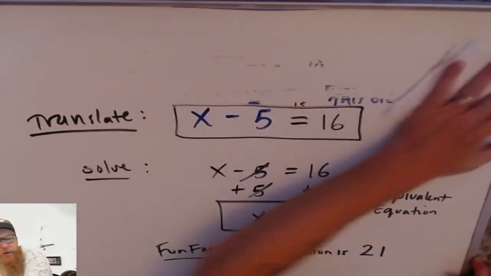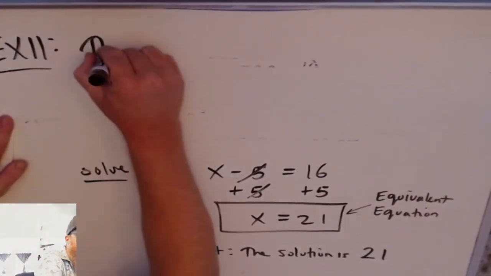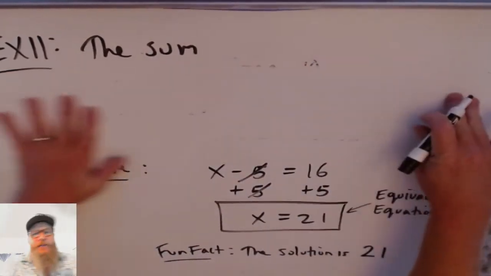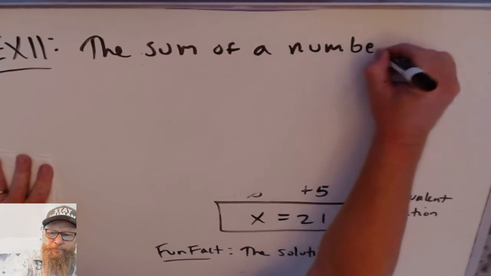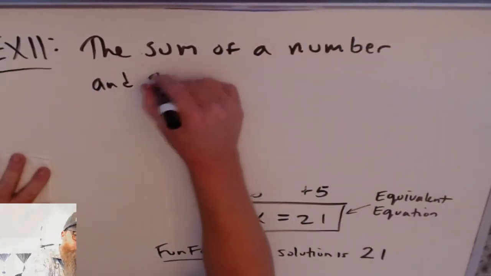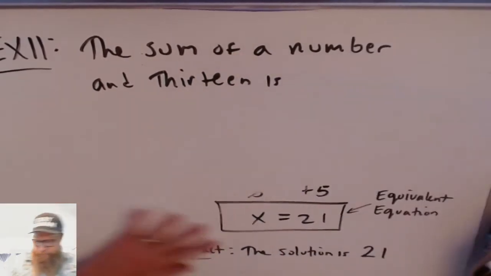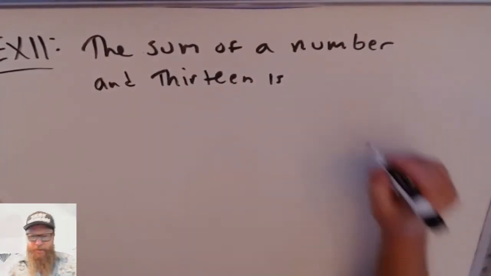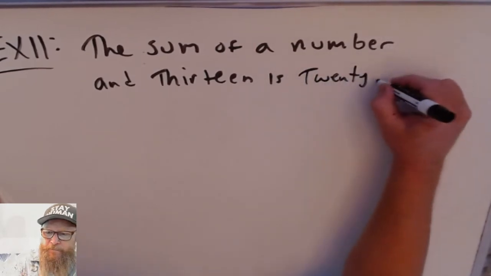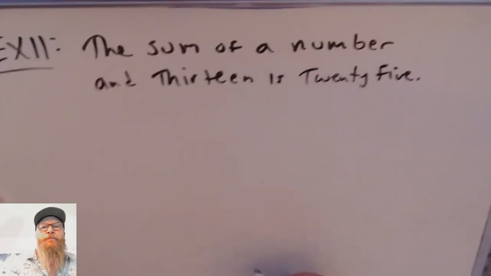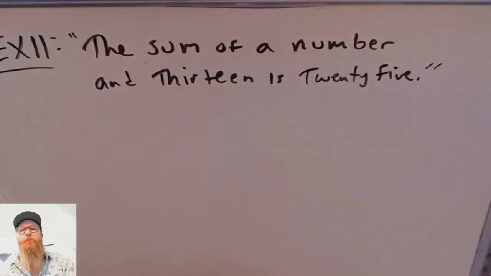There are other versions of this problem. You could say the sum of a number and 13 is 25.